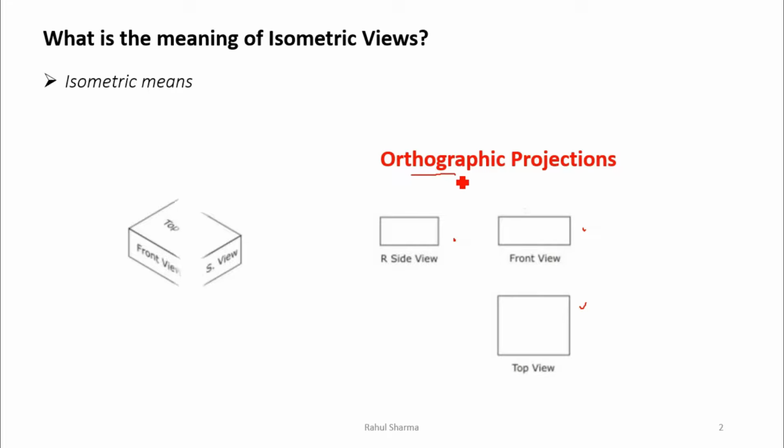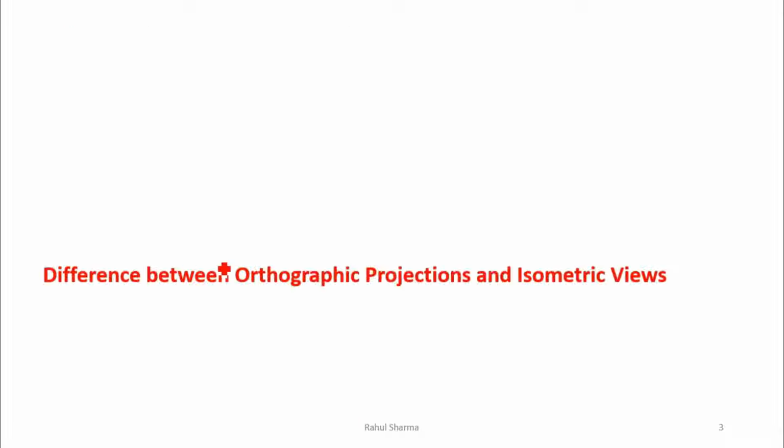But when we draw an object in a single diagram and it is explaining the front view as well as top view and side view, all the views in one diagram, that is known as isometric view or projection, right? So this is the difference, and you can now very clearly see how it is different from orthographic projection. We will talk about this in depth in coming slides.